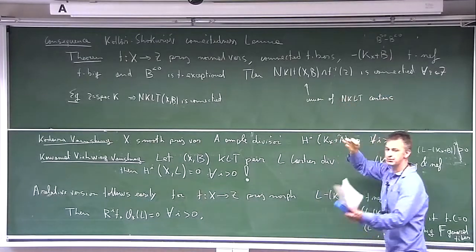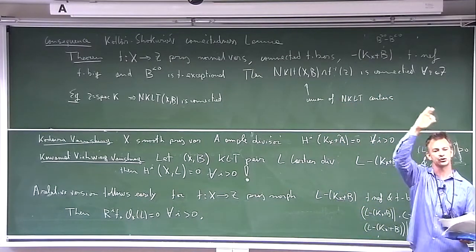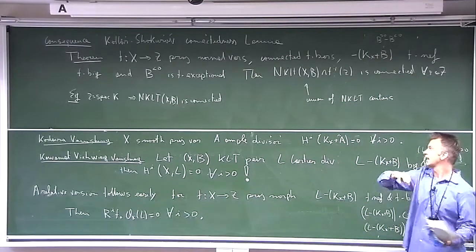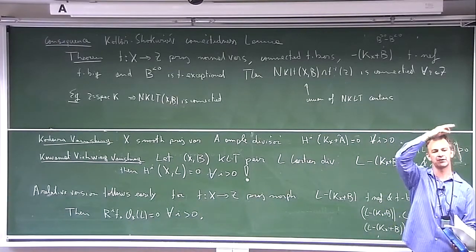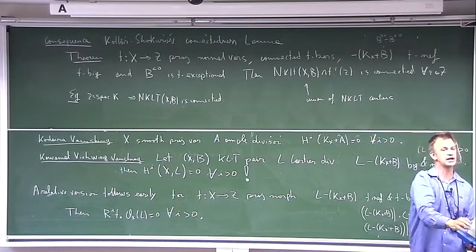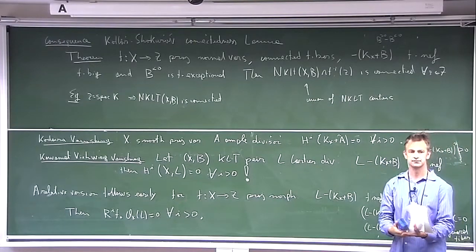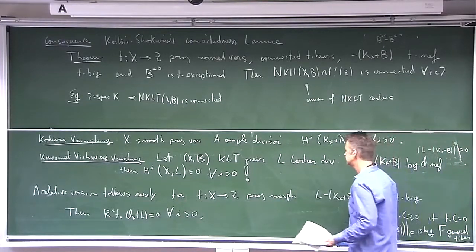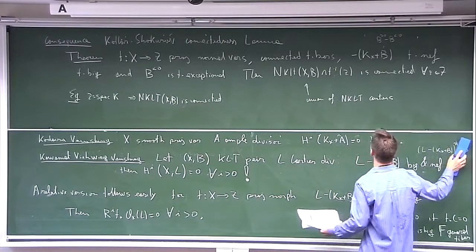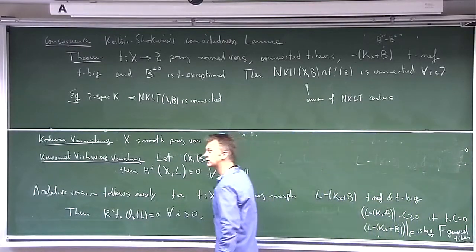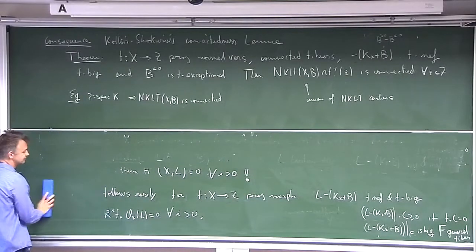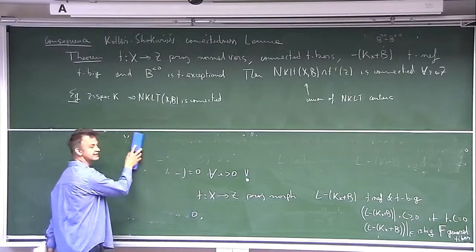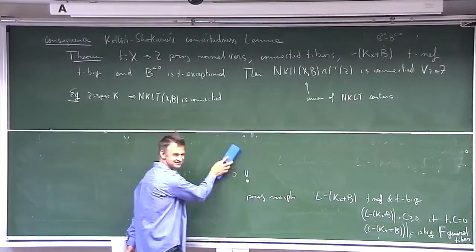If this had simple normal crossing, it's everything with coefficient greater or equal to 1. If it doesn't have simple normal crossing, well, you have to go to a log resolution. You look at everything with coefficient greater or equal to 1, and you take its image. That's the non-KLT locus. It can have components of various different dimensions, except for the dimension of the variety.